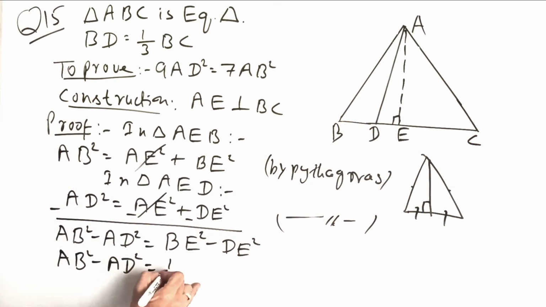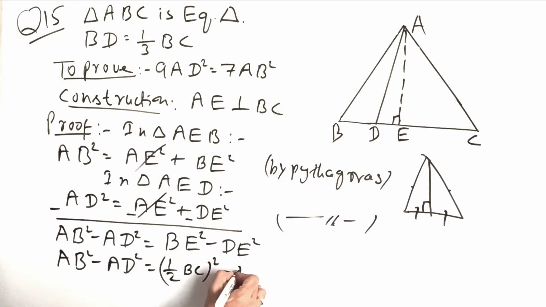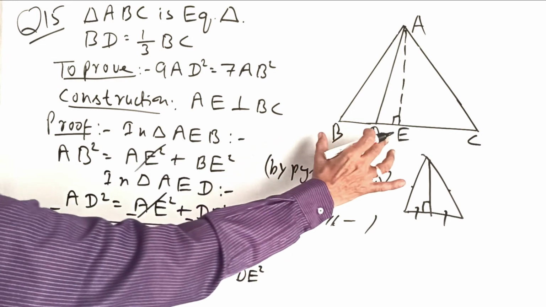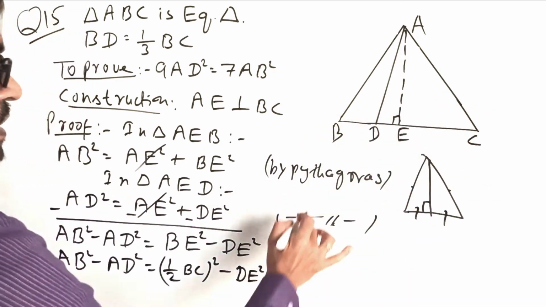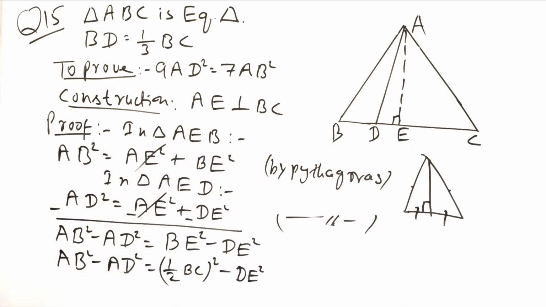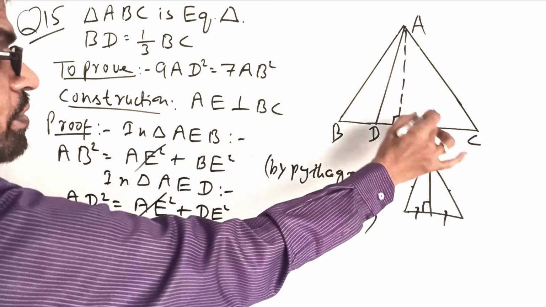So we can write here half of BC minus DE. In place of BE I have written half of BC because BE equal to EC. Reason is that AE is perpendicular to BC in equilateral triangle ABC.